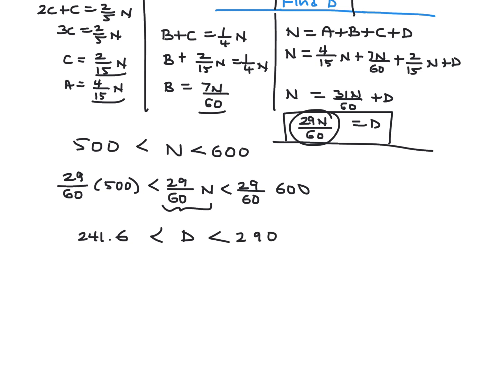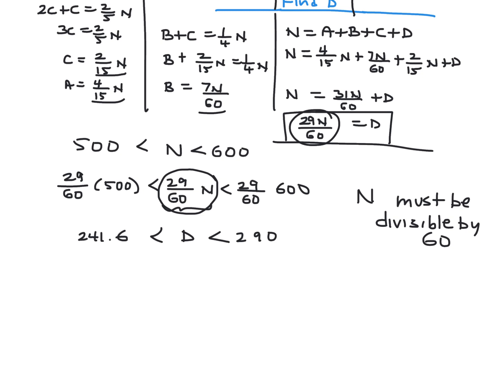D has a whole bunch of values, right? But the key is not to do that. The key is to look at this right here and understand that since we're always talking about integers, N must be divisible. Divisible by what? Divisible by 60 in order to get D. So that is the key.